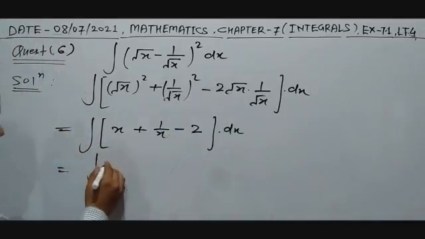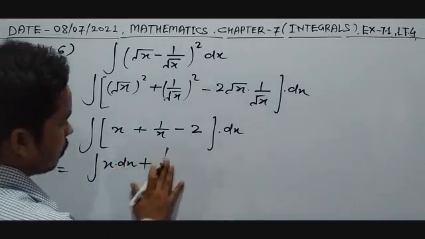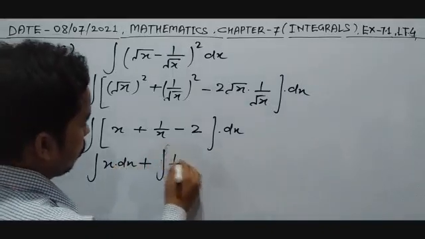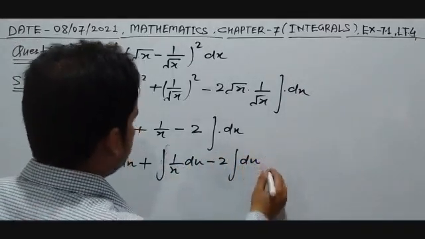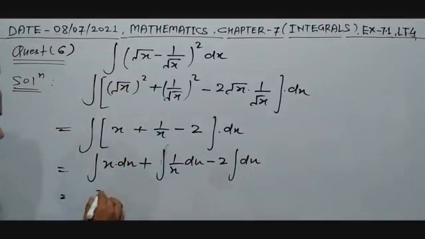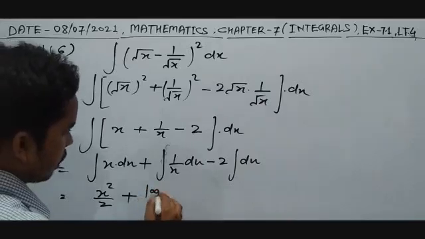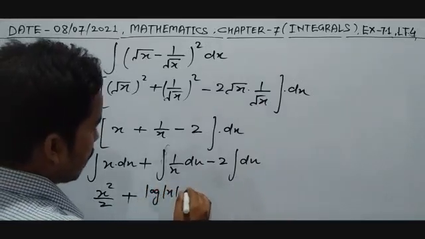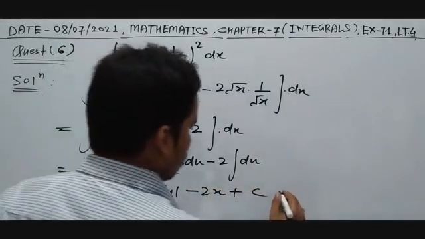Now you can separate: the integration of x dx plus the integration of 1 by x dx minus 2 times the integration of dx. The integration of x dx, you know, is x square by 2, plus the integration of 1 by x, that is log of mod of x, minus 2 times x, plus c. This is the answer.